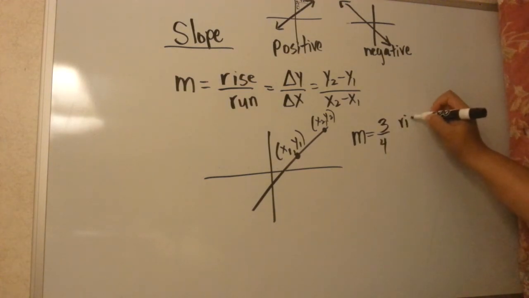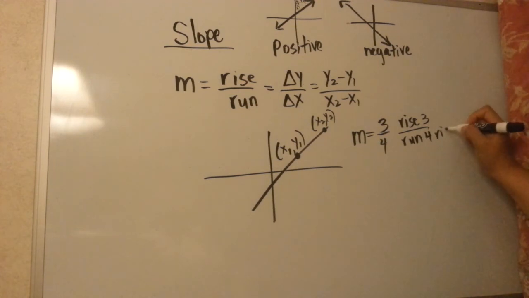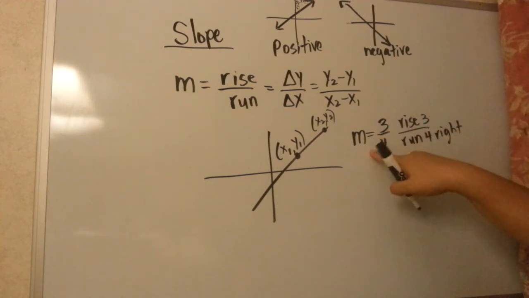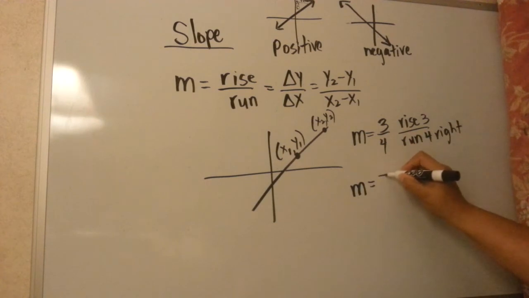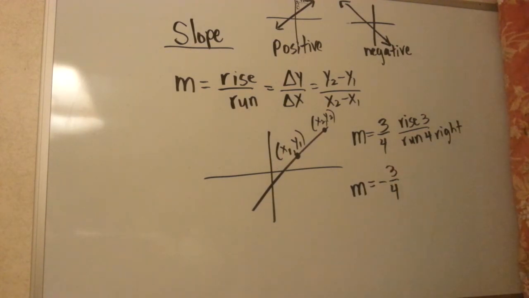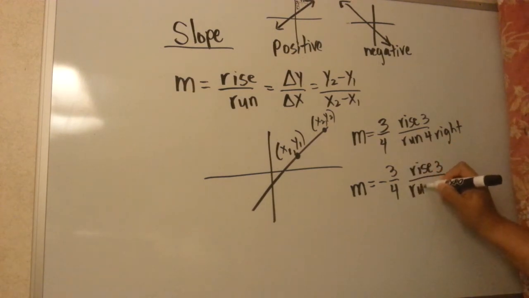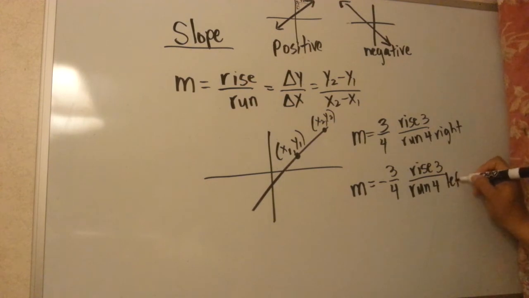I say rise 3, run 4 to the right, because the slope is positive. And if your slope was negative, then I would say rise 3, but run 4 to the left. Okay?